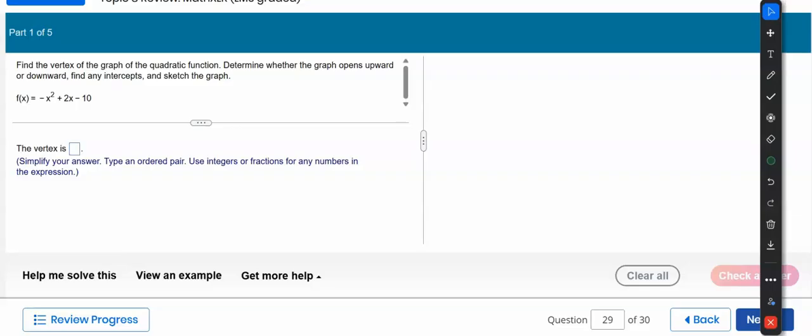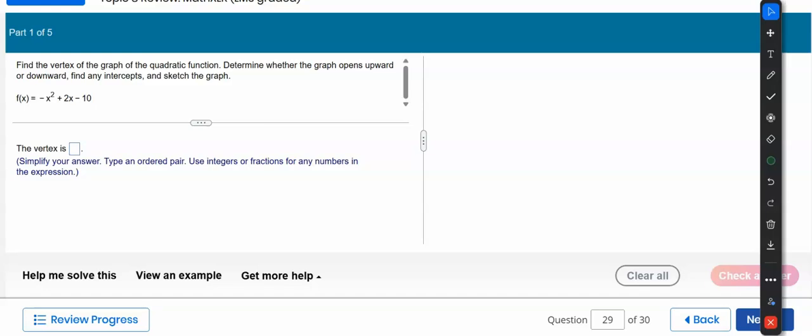Number 29: find the vertex of the graph of the quadratic function. Determine whether the graph opens up or down. Find any intercepts. Sketch the graph. Okay.